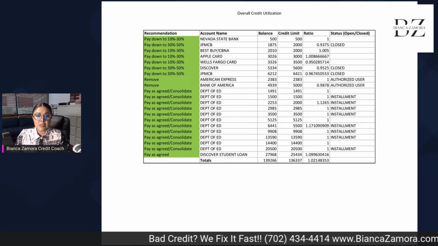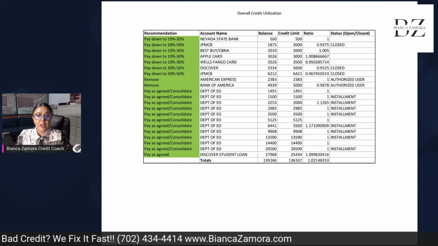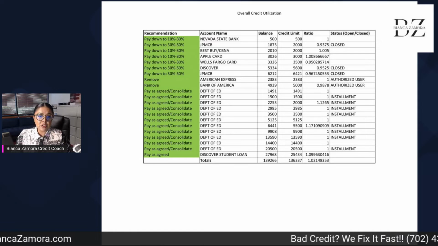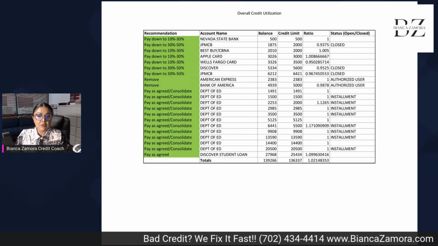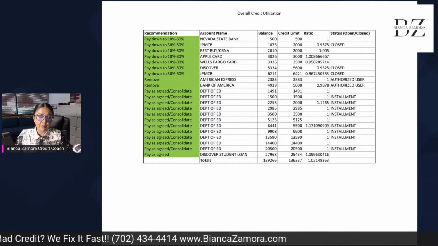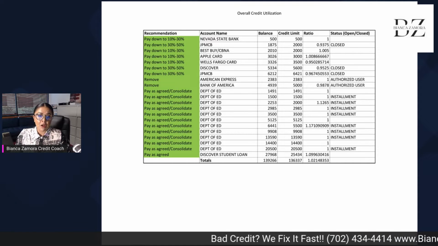As you can see, on the first account with Nevada State Bank, you have a balance of $500 and a credit limit of $500. All you would do in this scenario is divide 500 by 500, and that's going to give you a 1, which is 100%. If you multiply that by 100, that's your percentage. So this account is currently being utilized at 100%. Then you just do that across all of your accounts.